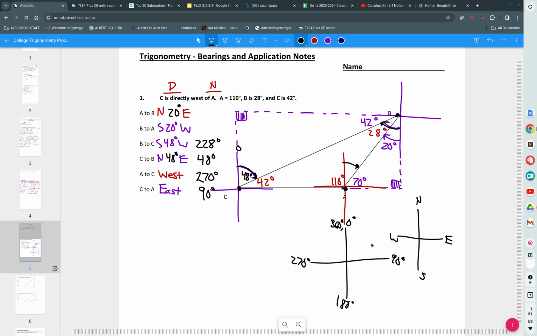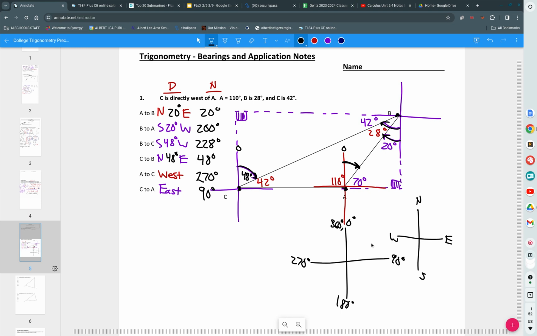We're going to go from B to A. From B to A, I turn 20 degrees past 180. What's 20 past 180? 200. And finally, A to B, that's 0 degrees. I turn 20 degrees past 0. That brings me to 20 degrees.